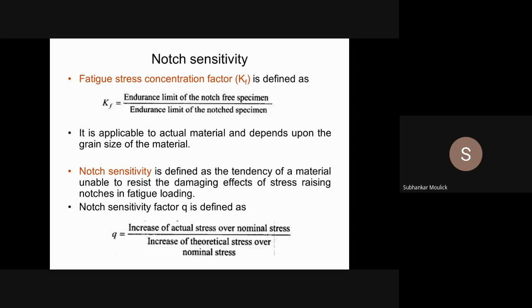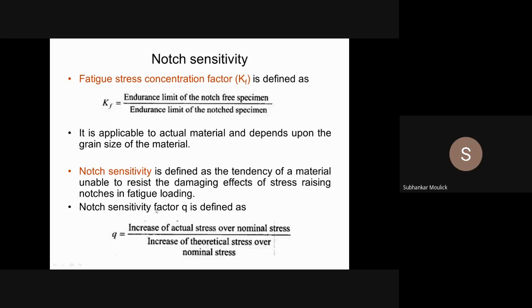For example, if a body is subjected to bending moment, then the nominal stress will be the bending stress, that is M into y by I. If a body is subjected to tension, then the nominal stress will be tensile stress sigma t is equal to P by A, and so on.